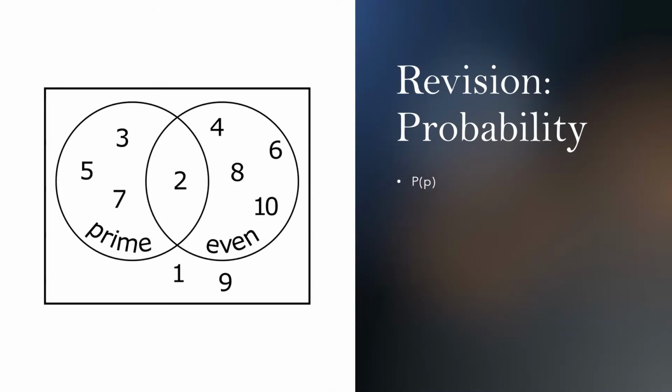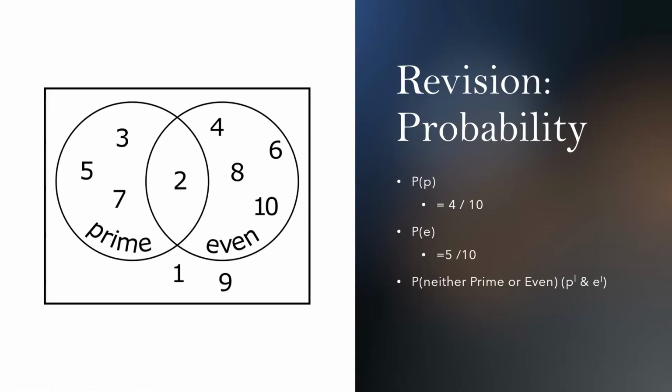Okay, so the probability of being a prime number is 4 out of 10, because we had 10 values and there are 4 primes. Probability of being an even number, what do you think? 5 out of 10, because we've got 5 even numbers and our universal set had 10 values.